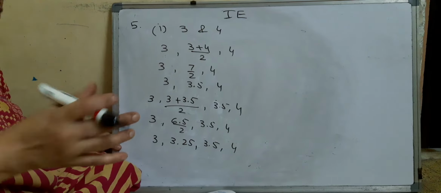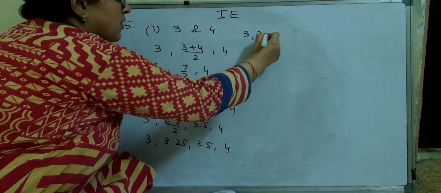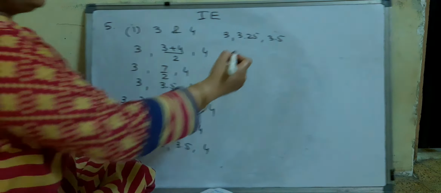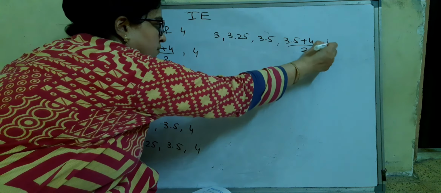Now you have to find the third one also, right? So 3.25, 3.5. In this, 3.5 plus 4 upon 2, and 4.